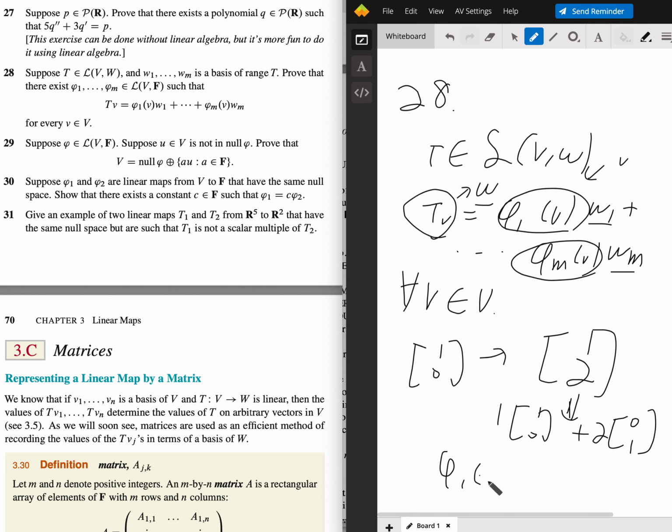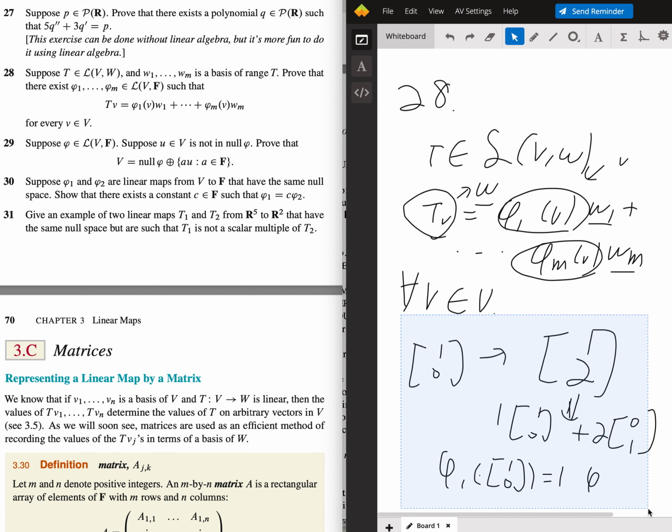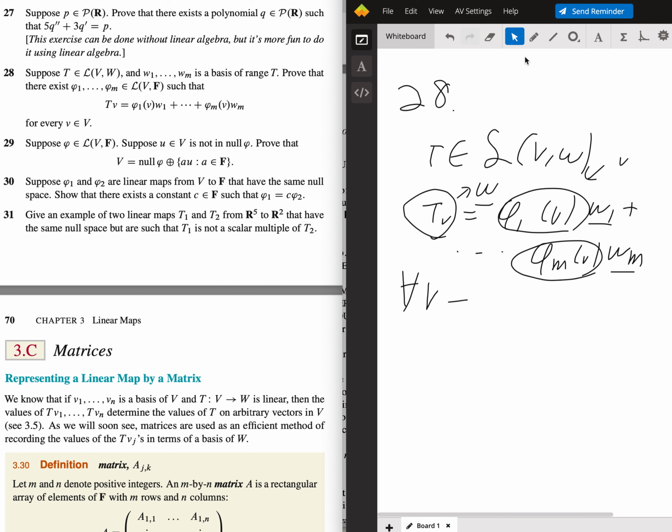Then you just want to say phi1 of (1, 0) is equal to 1, and phi2 of (1, 0) is 2. Because what you're saying is when you get this (1, 0), you dial the coefficient so that it's 1 along the x-axis and 2 along the y-axis, because you know that it's going to end up as (1, 2) here. So you expect that some sort of control like this is possible, but it's not clear how you will formulate such a thing.